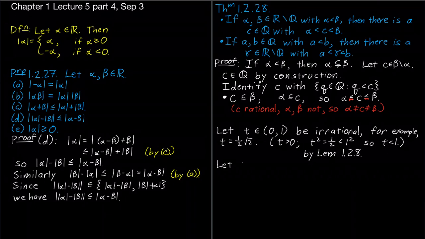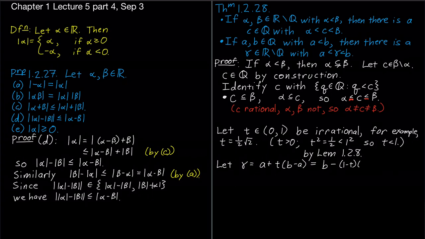All right. And we're going to let gamma be A plus T times B minus A. And then it is not too hard to check that gamma is both irrational and between A and B. We can also write this as B minus 1 minus T times B minus A. And it's pretty easy.